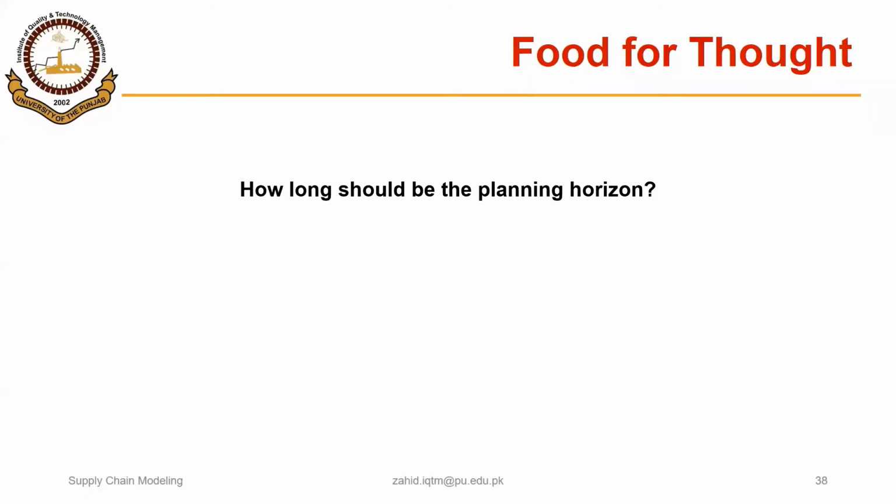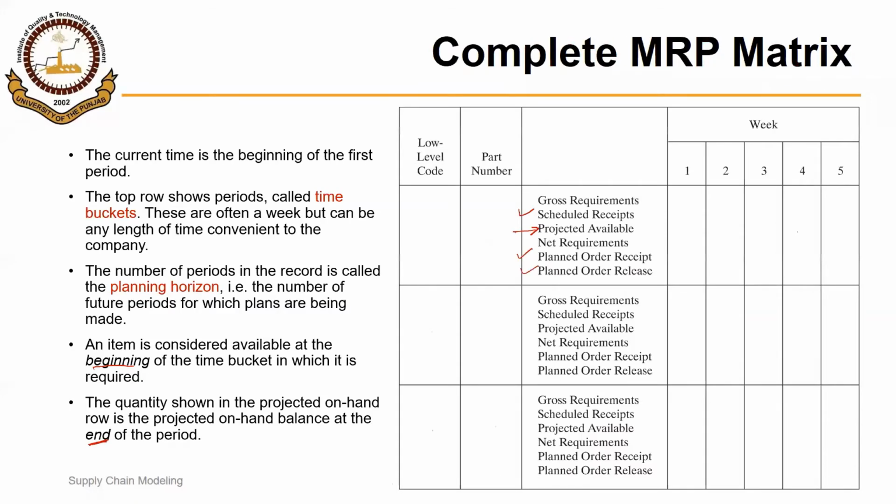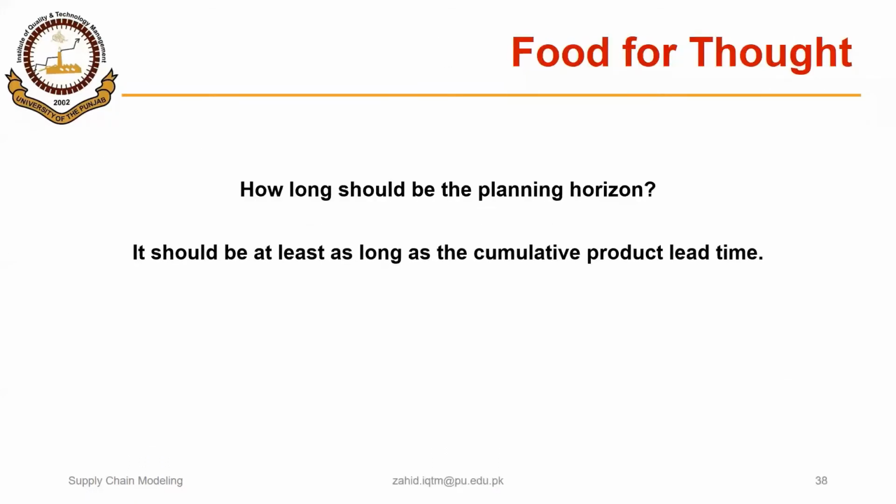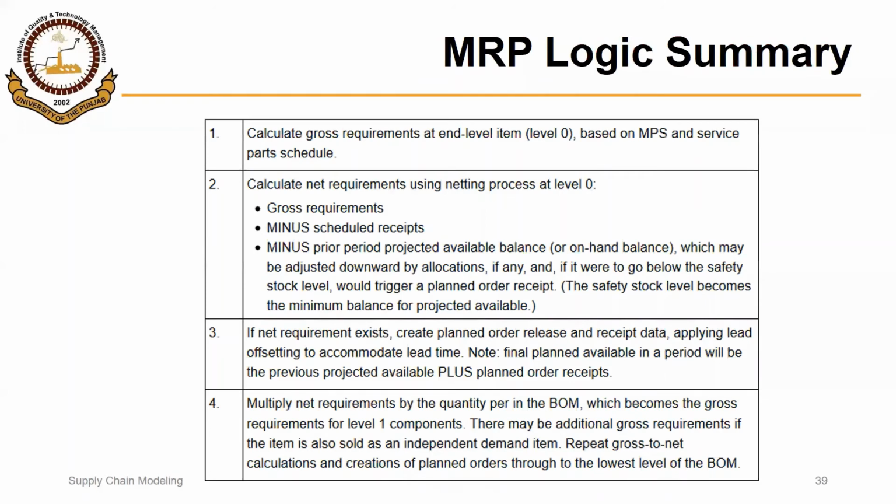So how long should be the planning horizon? That is 5 weeks in this case. So just like in MPS, it should be at least as long as the cumulative product lead time, and preferably slightly greater than that. So this is the basic MRP logic. I would recommend you to just go through it. So the basic idea is the net requirements, and net requirements are the gross requirements minus schedule receipts minus previous period's inventory.